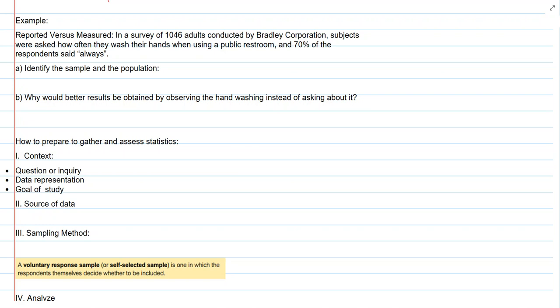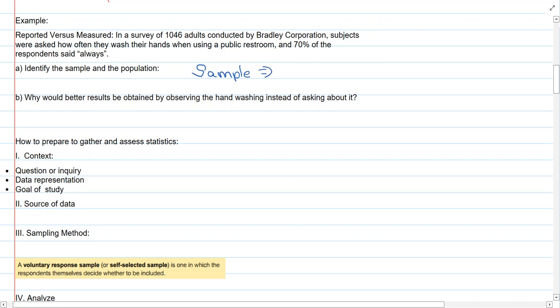So it asks, identify the sample. The sample is a specific quantity. So the 1,046 adults is our sample, the one we're using to make a determination. Then it wants the population.